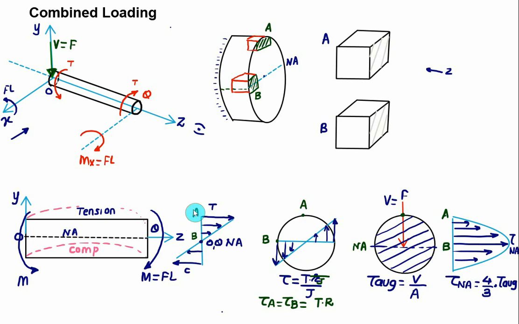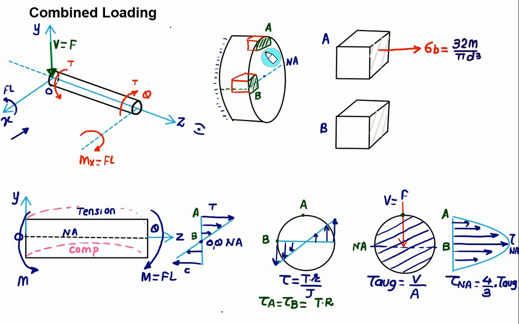First you have to show the bending stress at point A, which is outward. On this face we have bending stress, that will be equal to sigma B, and this value of sigma B is equal to 32 times M by pi d cube. Now as far as the point A is considered, we have to show the shear stress also.